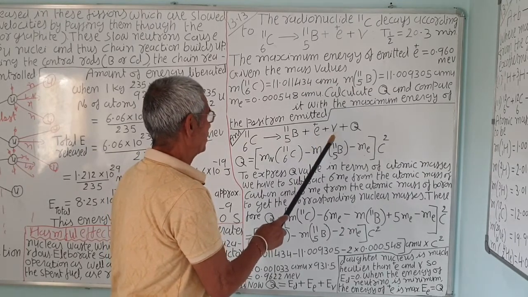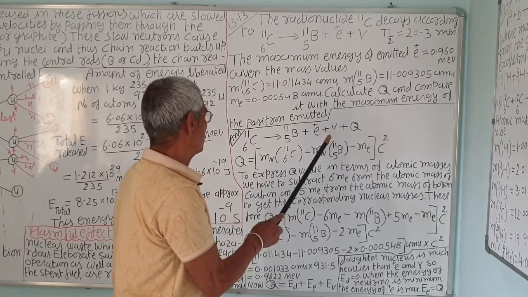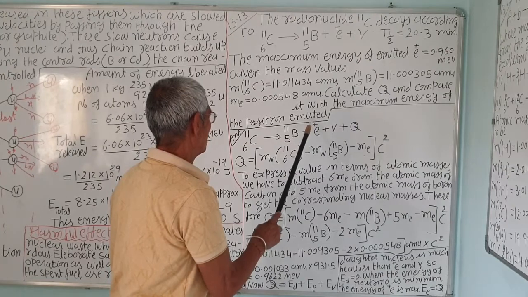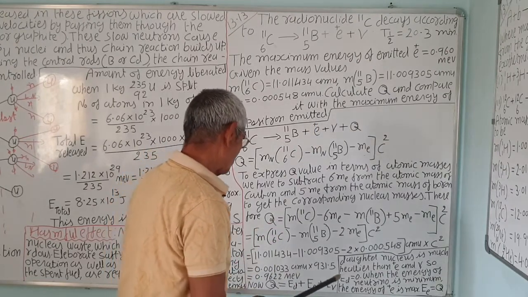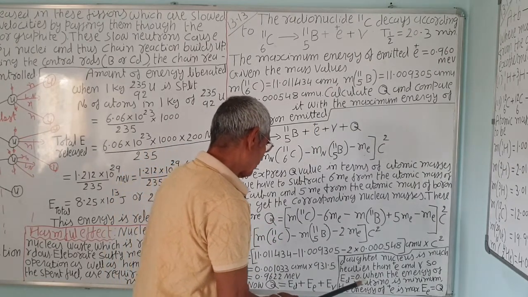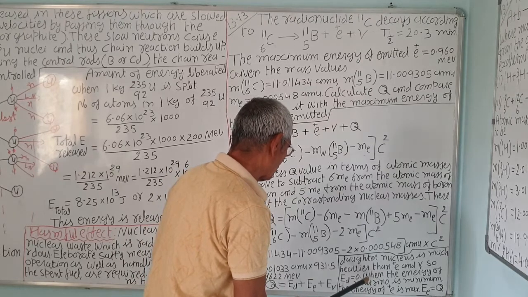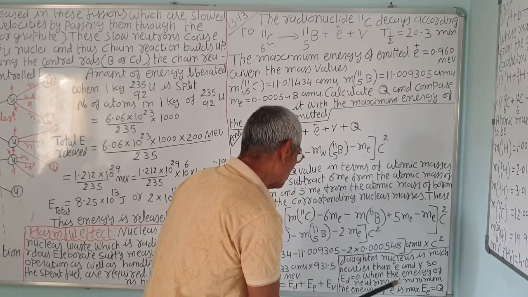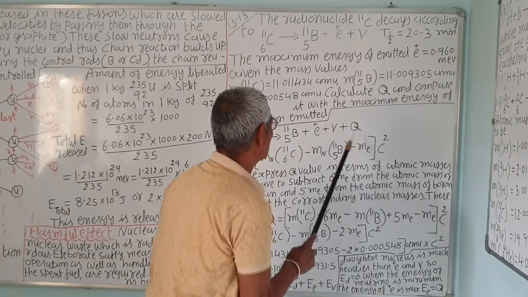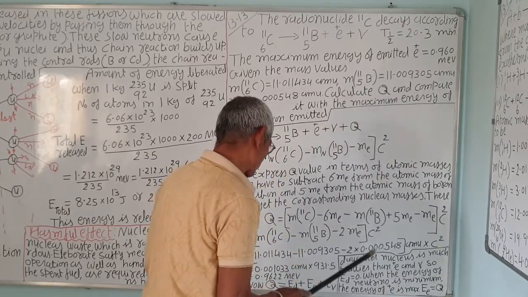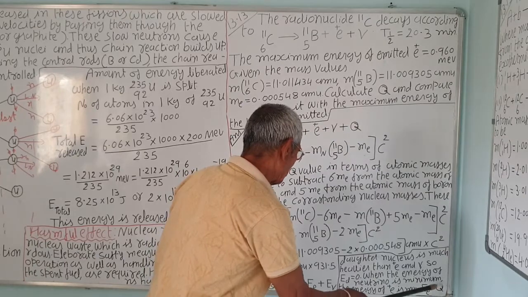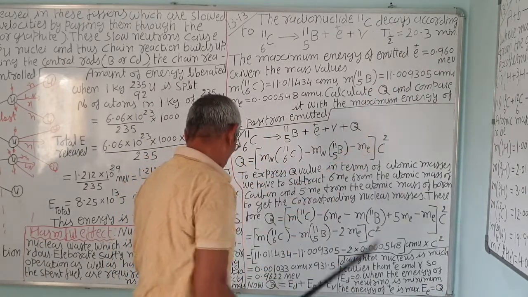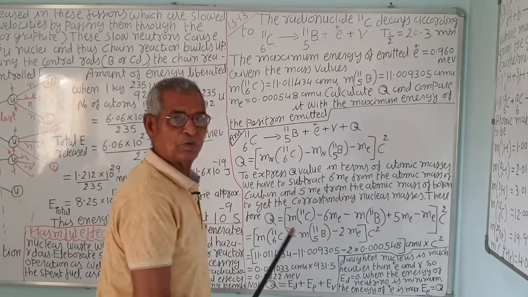If you consider the energy of the neutrino to be almost 0, then the energy will be totally due to the positron. So E_D is 0 because it is the heavier one and won't move much. When the energy of the neutrino is minimum, the positron energy will be maximum, and the maximum will be equal to Q, which is given as 9.622, almost the same.